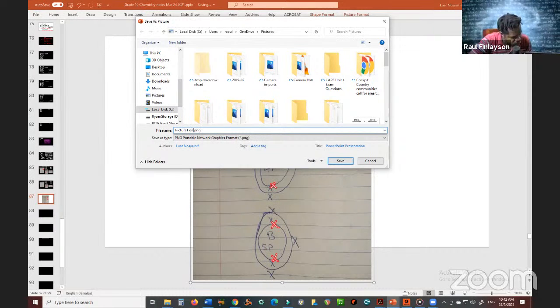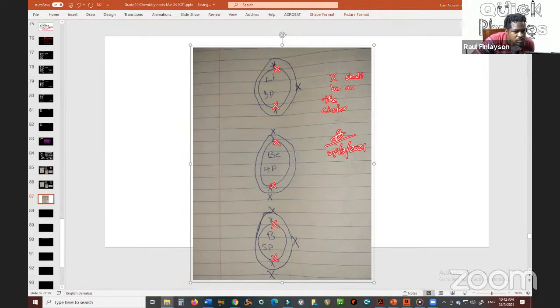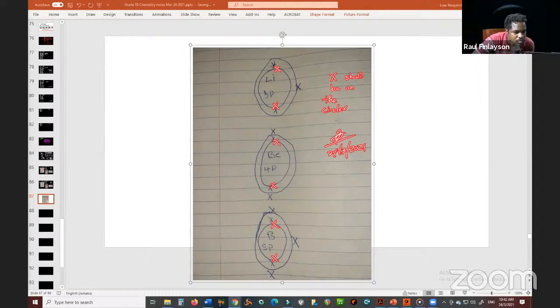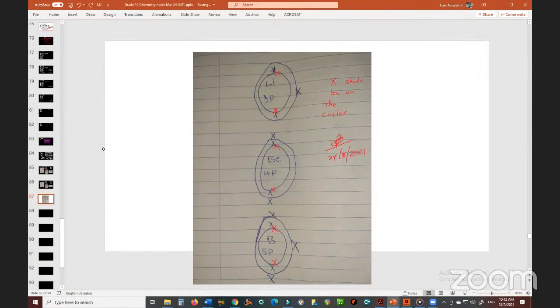So I have to take your time and draw. Don't rush it. The circles don't have to be perfect, but the X's must be on the circle. Yes, sir. All right.